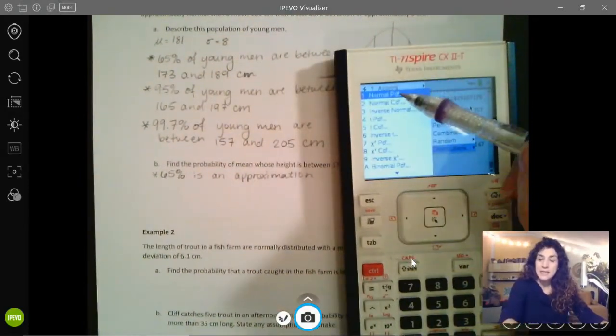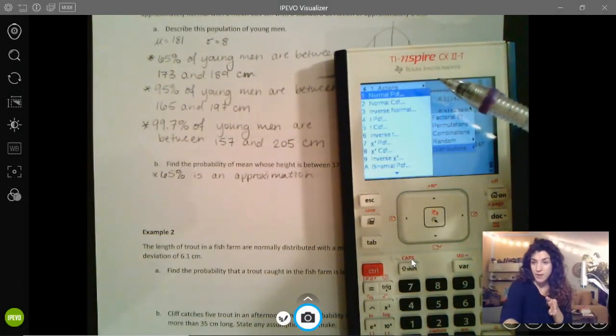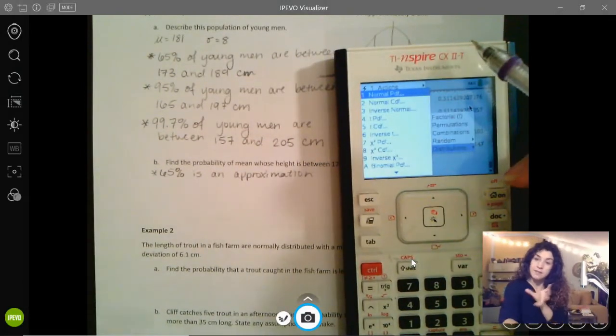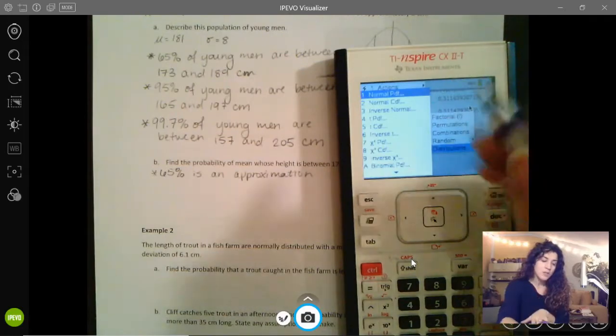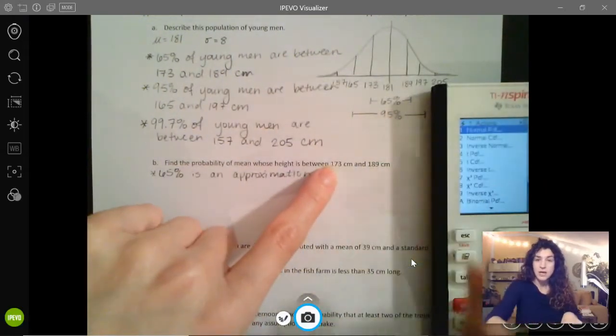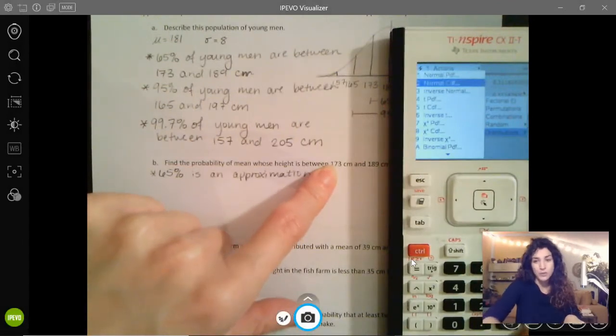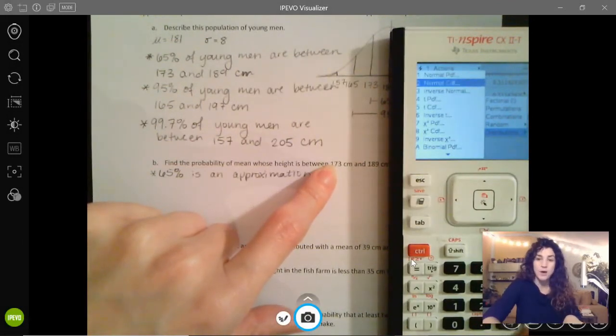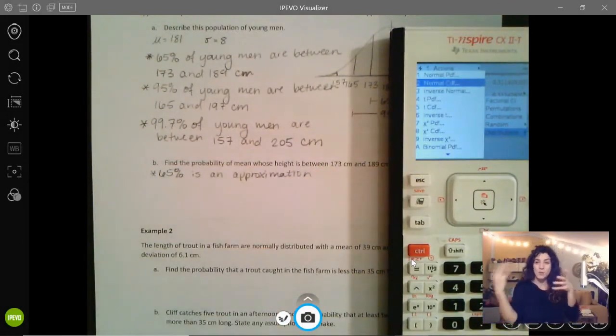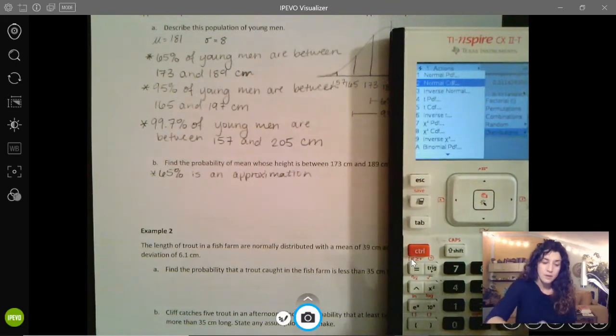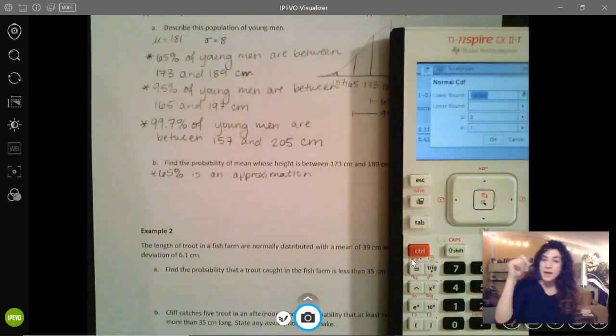Realize that PDF is at one value versus CDF is cumulative. So if we're talking about between 173 and 189, we're going to do our cumulative distribution. And we're mostly going to be doing that distribution when we're talking about normal distributions, because we're going to be talking about between certain values, because we want to find the area underneath that curve.